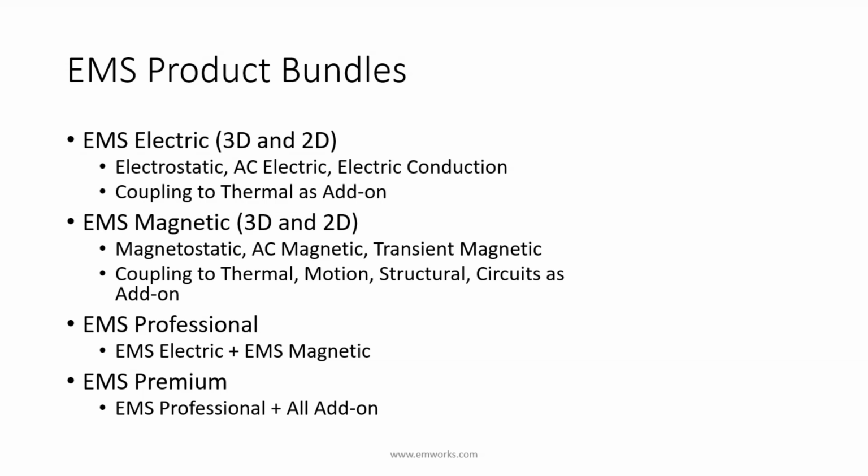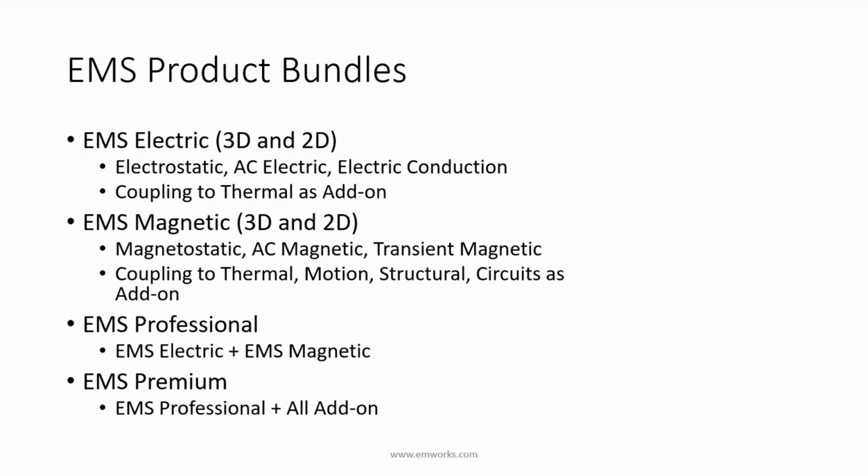EMS Magnetic consists of three solvers: the magnetostatic solver, which is exactly what we saw today, and we also have AC magnetic as well as transient magnetic solvers. There are also several multiphysics options. Coupling to thermal, motion, structural, and circuit are the ones that we sell as add-ons.